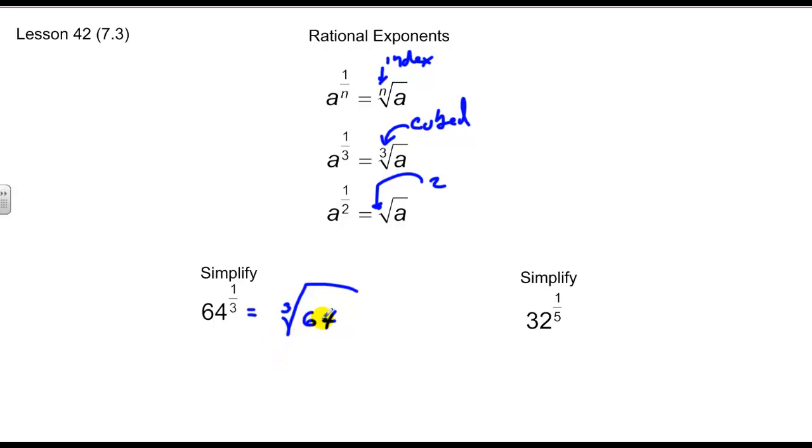In other words, what multiplied by itself 3 times gets me 64? I know that's just going to be the number 4. Likewise, 32 to the 1/5 power is the same as the 5th root, my index is 5, of 32. And what do you multiply by itself 5 times to get 32? That's the number 2.